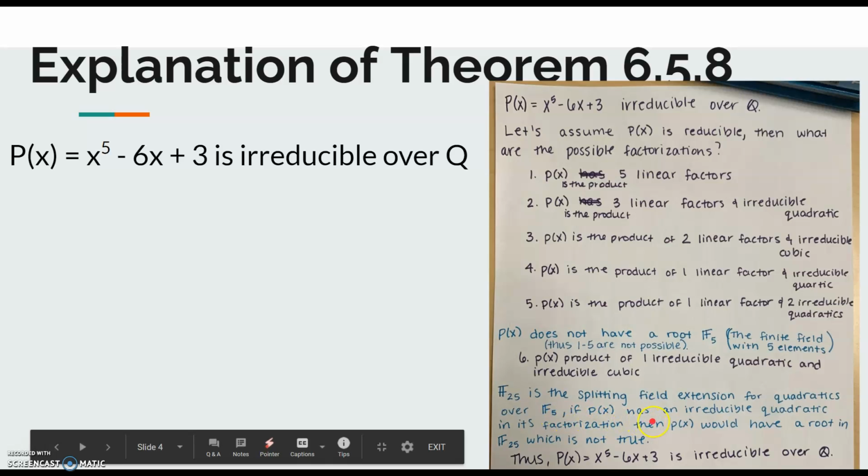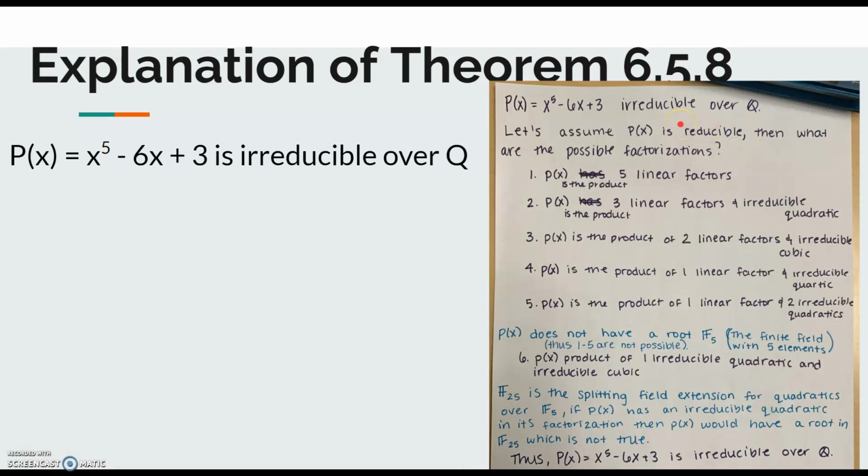So if p of x has an irreducible quadratic in its factorization, then p of x would have a root in the finite field of 25 elements. This is not true. So therefore we can conclude that this polynomial is irreducible and our assumption was incorrect.